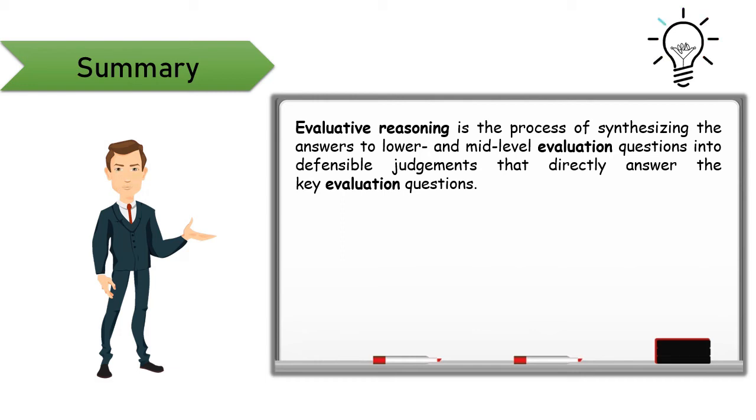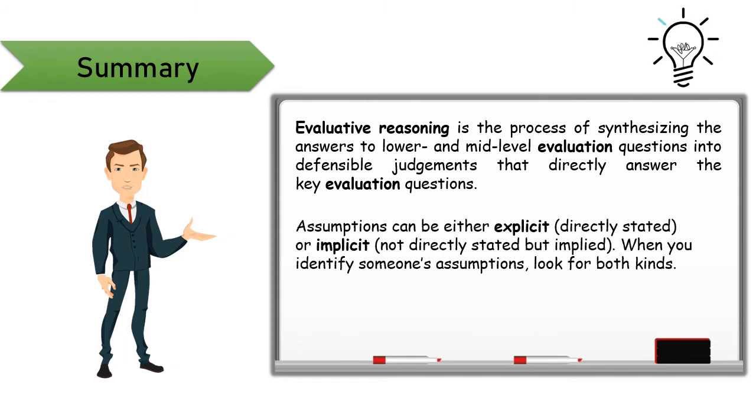And the second point is that assumptions can be either explicit, meaning directly stated, or implicit, meaning not directly stated but implied. So when you identify someone's assumptions, don't forget to look for both kinds.